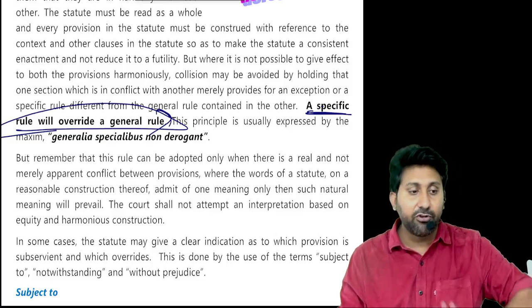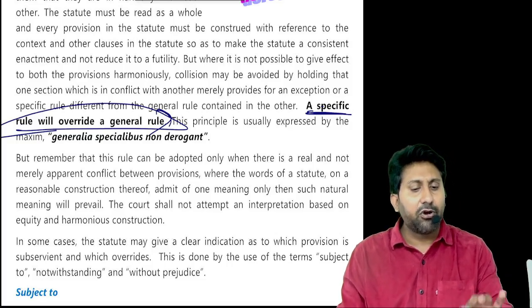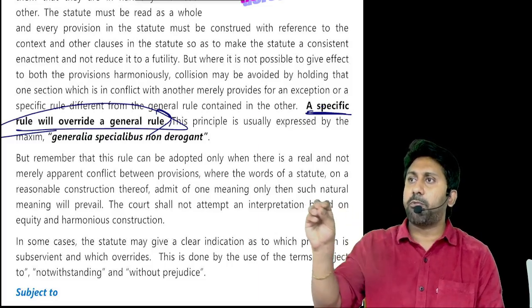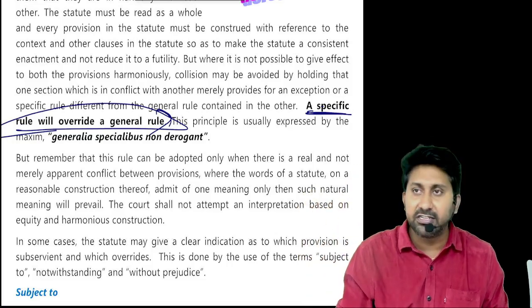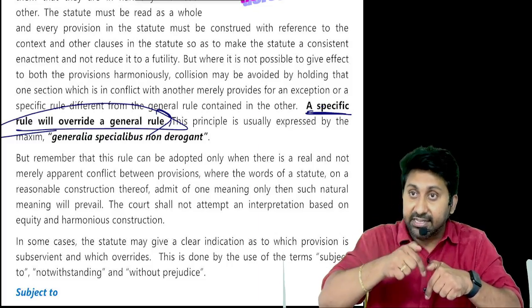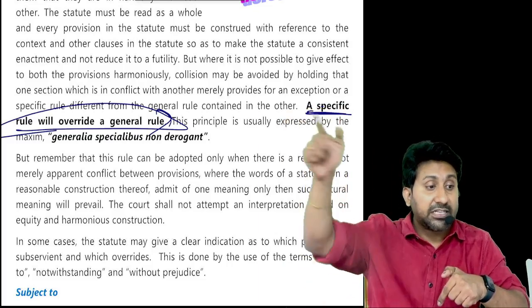What does it mean? I will give you 3 examples. Subject to, for example, I am reading a section. They are using the words subject to the provisions of section 100. What does it mean? This section is subject to provisions of that section.